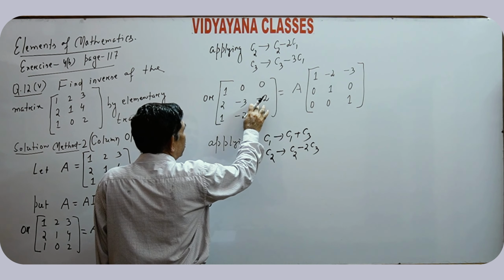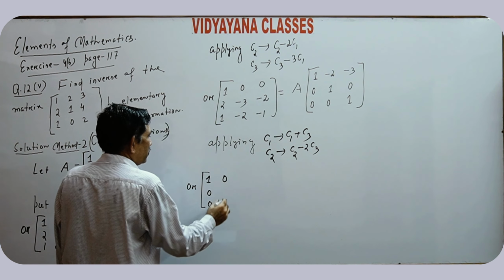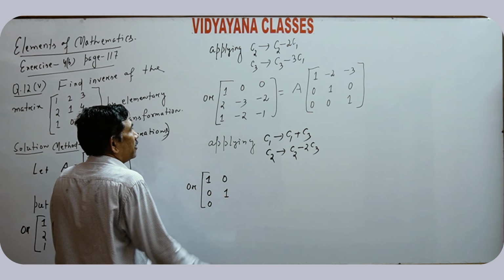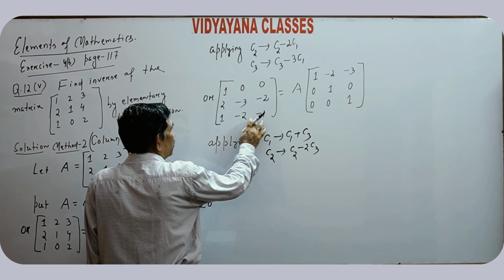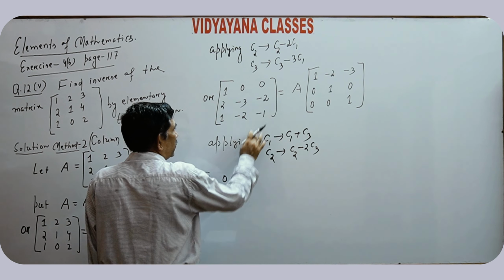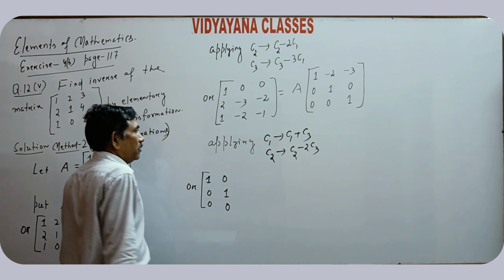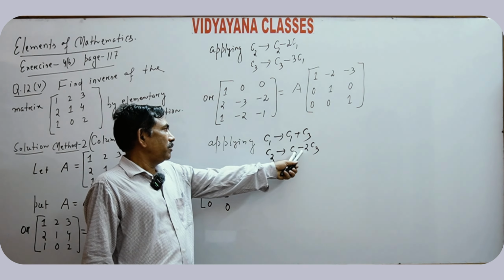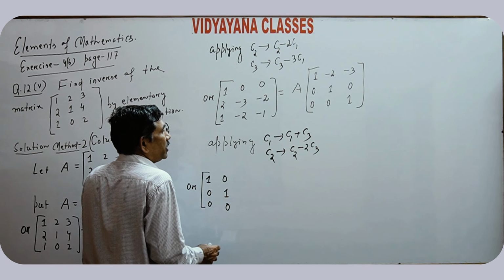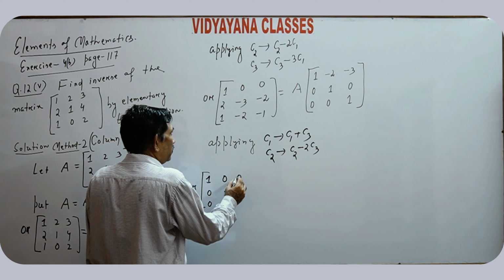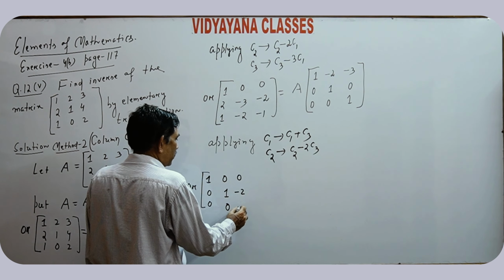Minus 3 minus 2 times minus 2 is equal to 1. Minus 2 plus 2 times 1 is equal to 0. There is no change of column 3, that is 0, minus 2, minus 1.